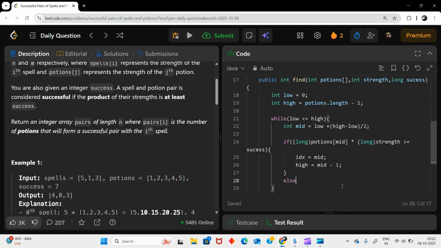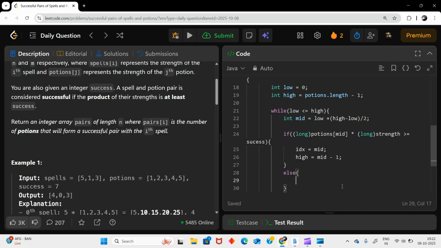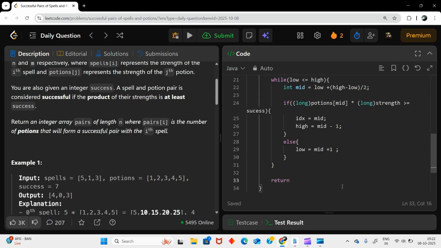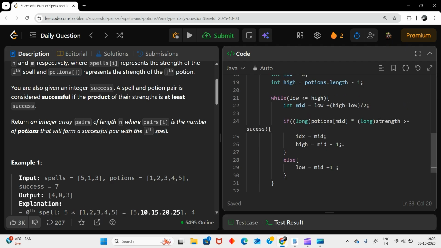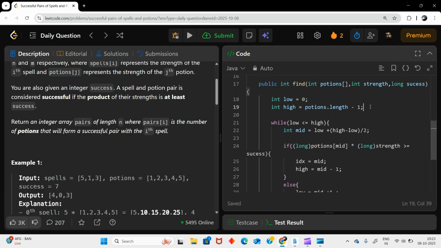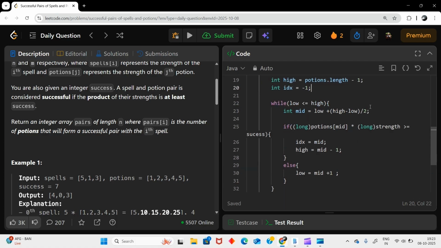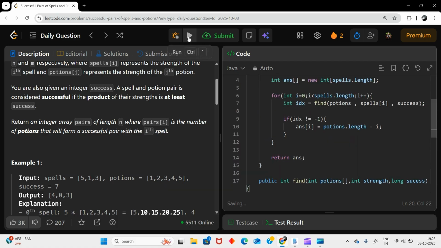Else, if we don't get this, we will move to the right side, that is, my low will be mid plus 1. We didn't get anything, that means it is less. And at the end, we will return our index, where we haven't declared the index right here. Int index will be minus 1 initially. Yes, now let's run this.